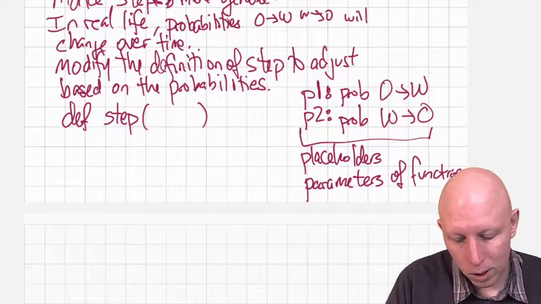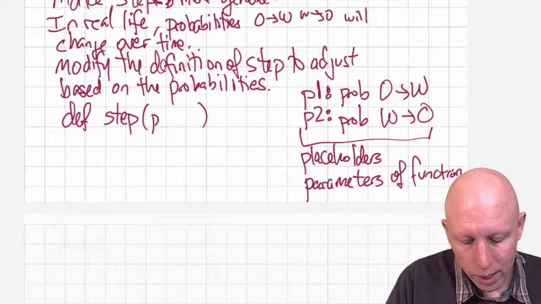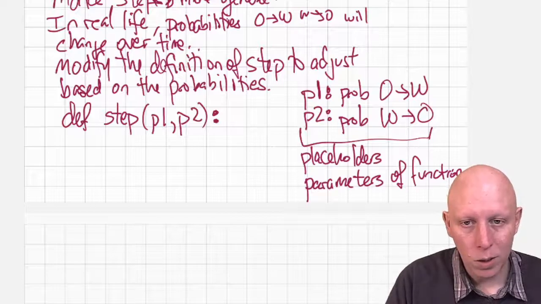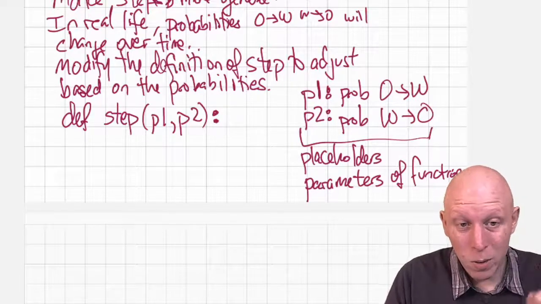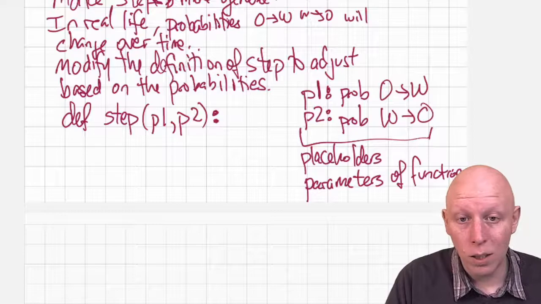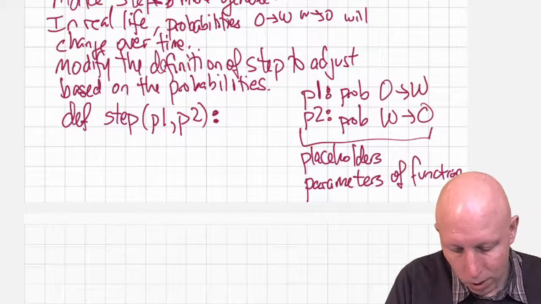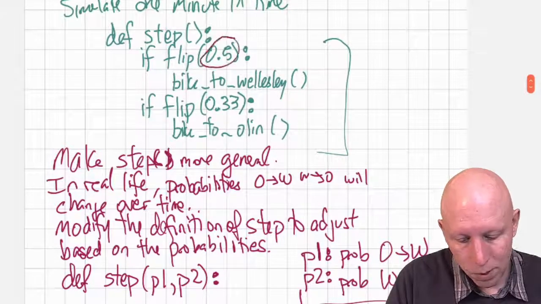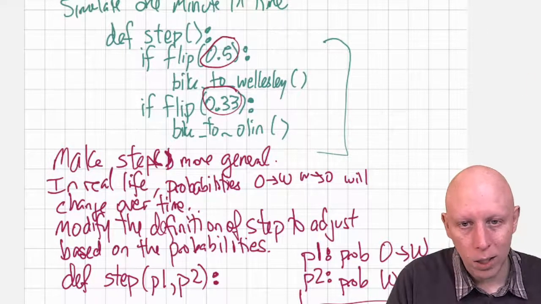We're going to define a function that takes in our inputs, P1 and P2, and based on what P1 and P2 are, it's going to run the simulation. So it's going to do the same thing we had above. These are taking the place of 0.5 and 0.33.